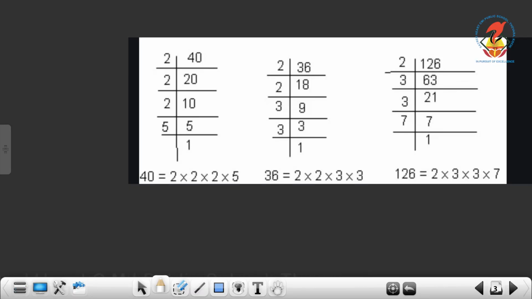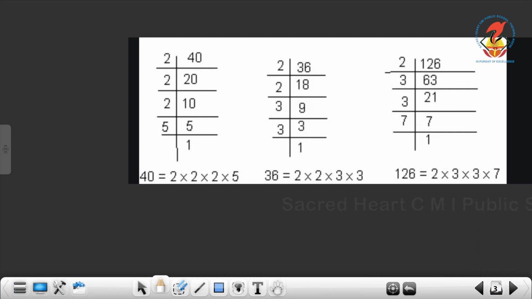Now look at that. Here the number 40 is given. The prime factors by prime factorization method are 2, 2, 2 and 5. 2 into 2 into 2 into 5. Then 36, we can start with the 2, then 18, again 2, 9. Then with the 3, 3 3s are 9, with the 3, 1.